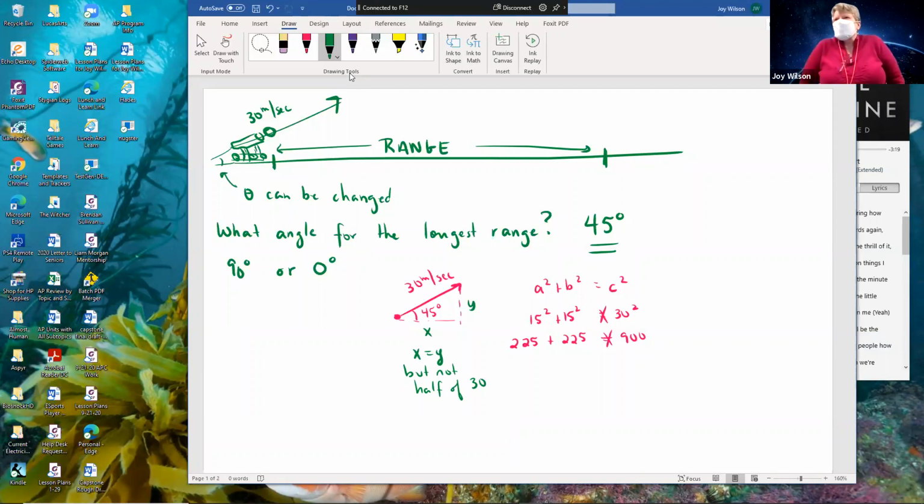What if we had air resistance? Do you have an idea what you think might happen if we have air resistance? You think it's going to be bigger or smaller than 45? I'm hearing smaller. Okay, so what was the reason?